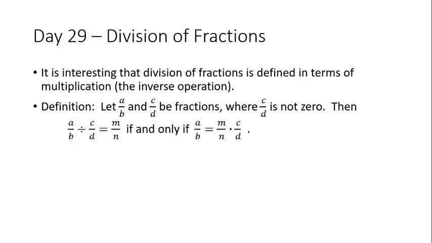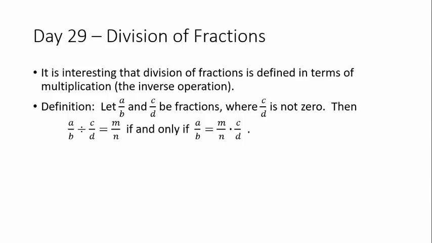We're going to look at the definition now of division. It's interesting that division is defined in terms of multiplication. Let a over b and c over d be fractions, where c over d is not 0.